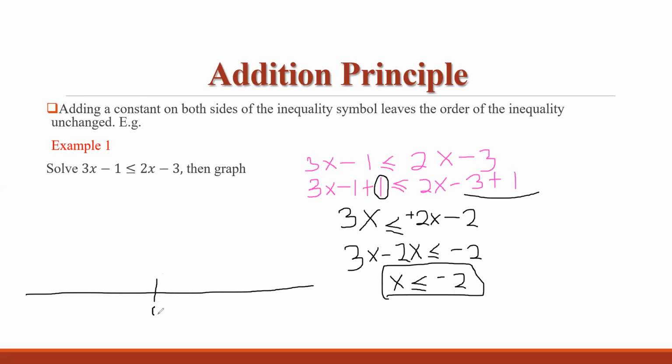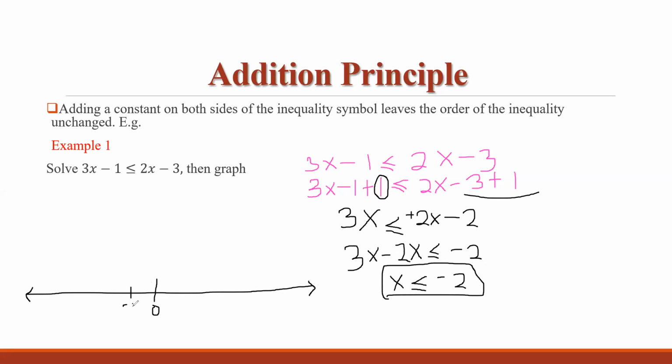So this is 0. Don't forget to put the arrows. When there are no arrows, it means that your number line is wrong. You need to put on these arrows to show us that these numbers are endless, in the negative direction and in the positive direction.